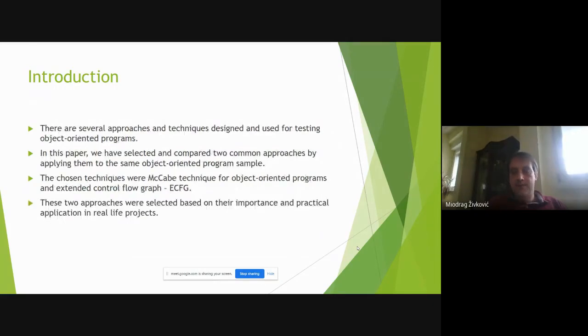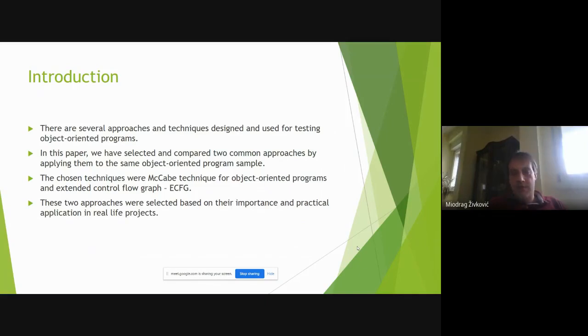There are several approaches which can be used for testing object-oriented programs, and we have selected and compared two very common approaches. We selected the approaches which are most in use in practice, and we tried to apply them to the same example. So we implemented an object-oriented sample program and tested both selected approaches against this program.